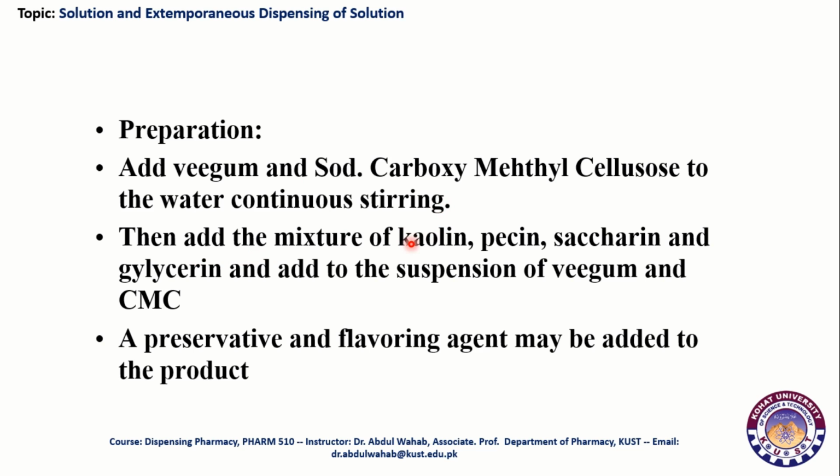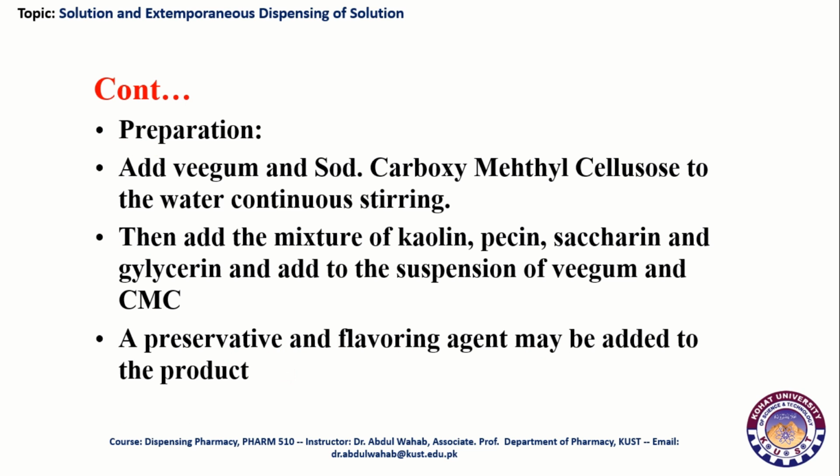Then add the mixture of kaolin, pectin, saccharin, and glycerin, and after mixing all these components, add to the suspension of Veegum and carboxymethyl cellulose. After that, a preservative and flavoring agent may be added to the product.